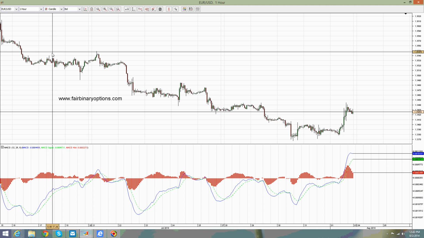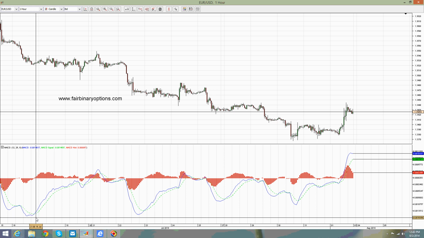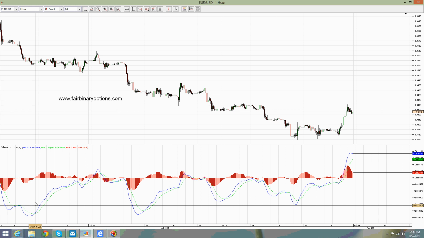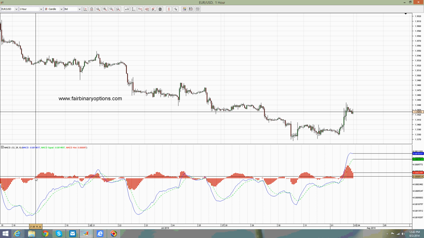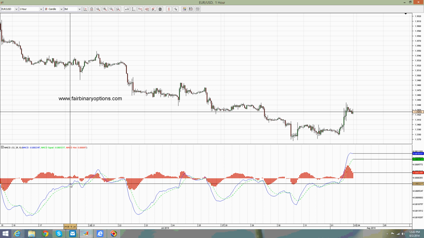So as you can see here, at this very moment of time, when the green dotted line crosses below the blue line, that is the moment when the MACD histogram is actually starting to plot positive values, and then the market goes with the positive values until the MACD signal crosses above the blue line, and then the histogram prints negative values. So actually this histogram here is showing nothing else but the crosses between the MACD signal and the MACD, the blue one here.